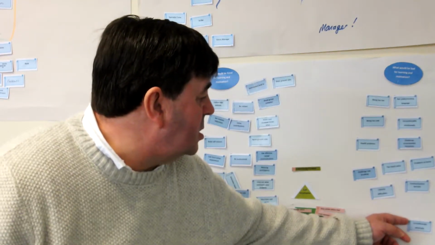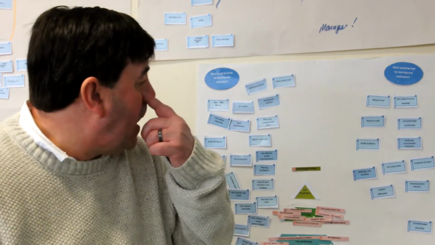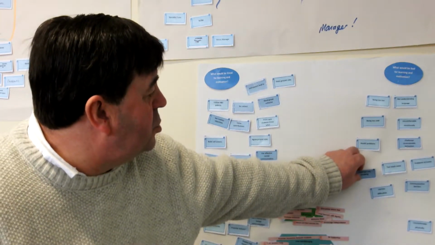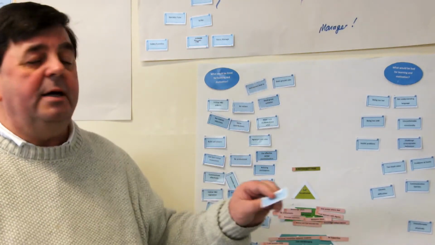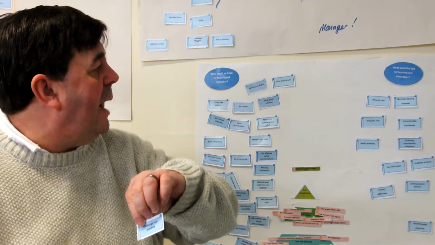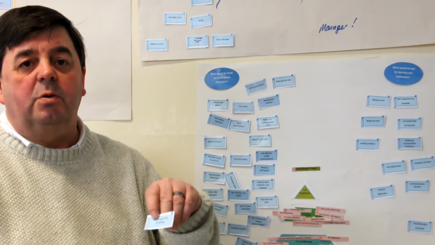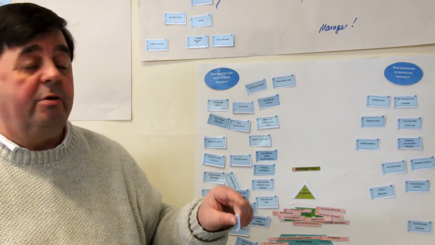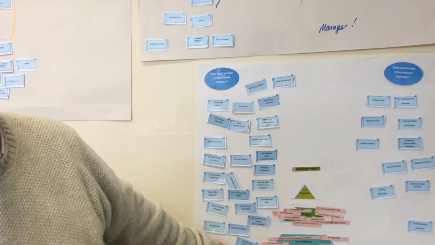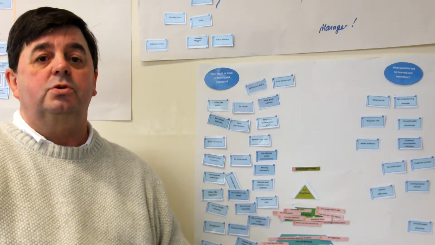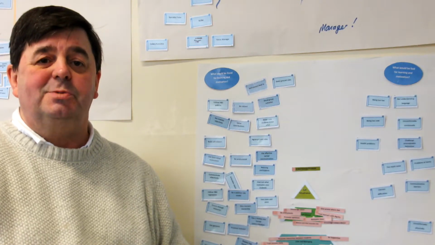And here we've got challenge rule breaking. Again, it's in the bad for learning and motivation column when it should be in the good for learning and motivation column, because breaking the rules that have been set has to be challenged.